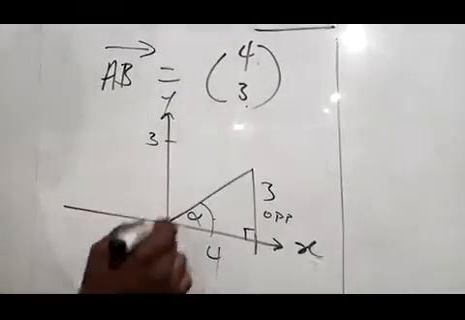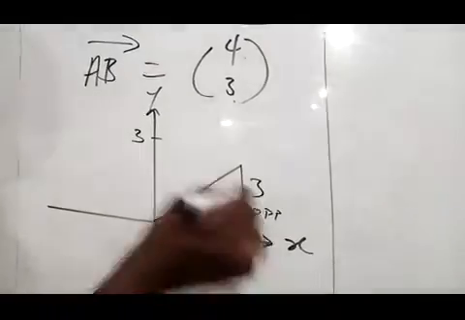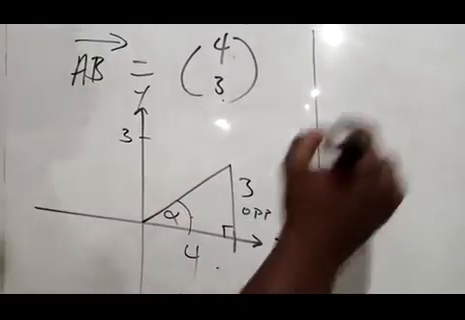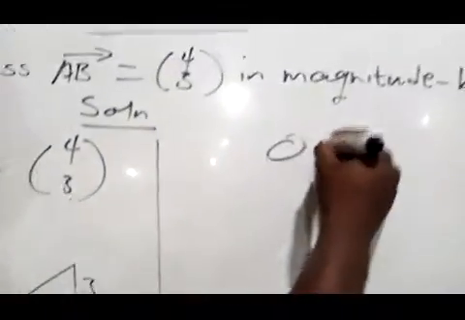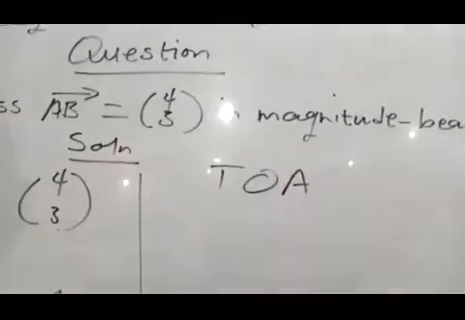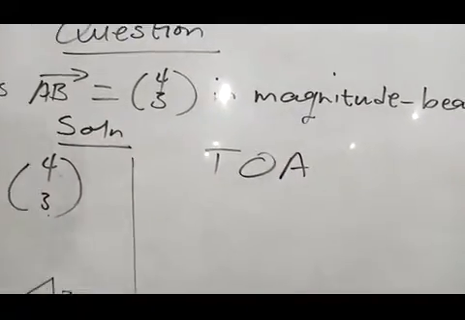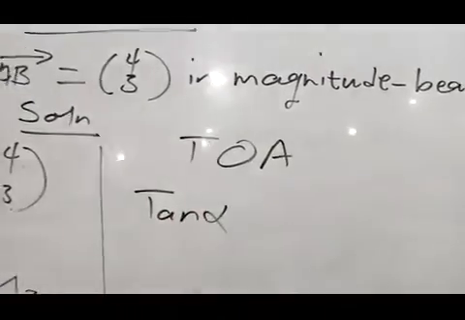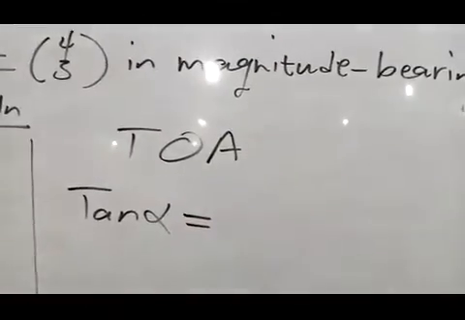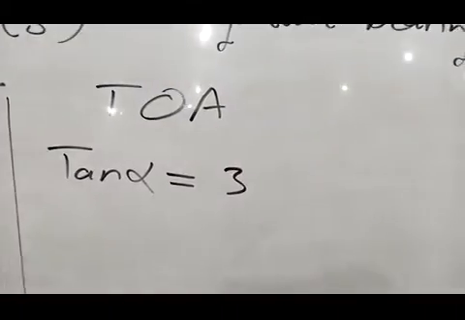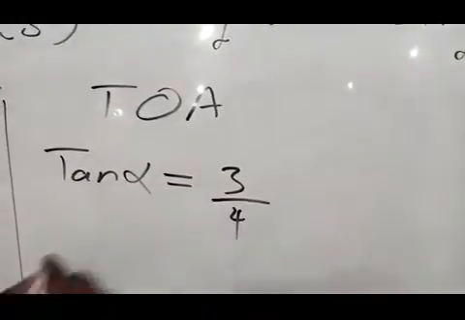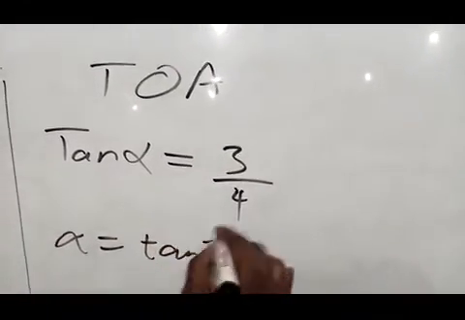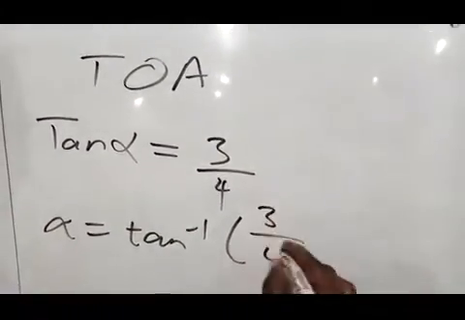Now, since we have the opposite and the adjacent, we are going to use TOA. So using TOA, tan alpha equals opposite, which is 3, over adjacent, which is 4. So alpha equals tan inverse of 3 over 4.